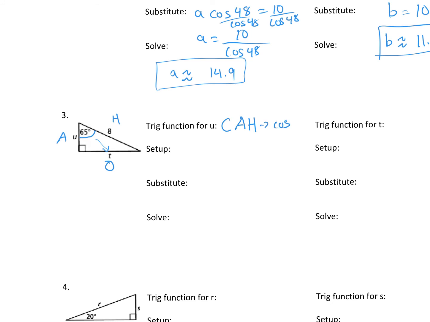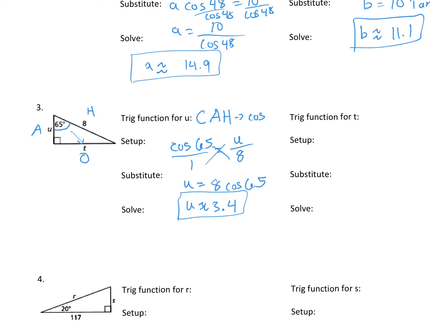My setup: cosine of 65 over 1 must equal adjacent, which is u, over hypotenuse, which is 8. Cross multiply, u must equal 8 times cosine of 65, which if I plug that into my calculator, I should get u is about 3.4.